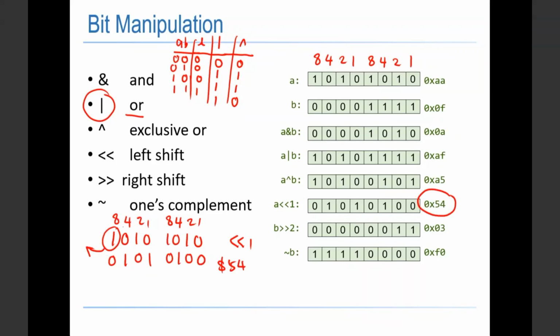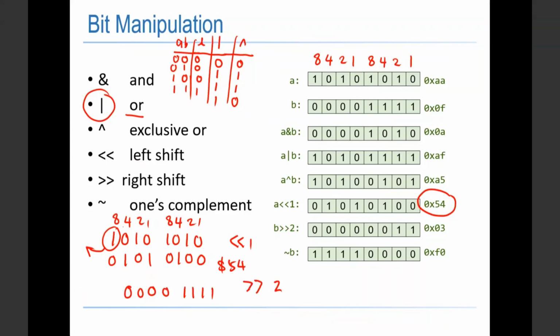Okay, and what about the second one? This one here is B, shift to the right 2 times. So what you're going to do? Same thing. You take the B value, which is 00001111. Now you're going to shift to the right, 2 times.